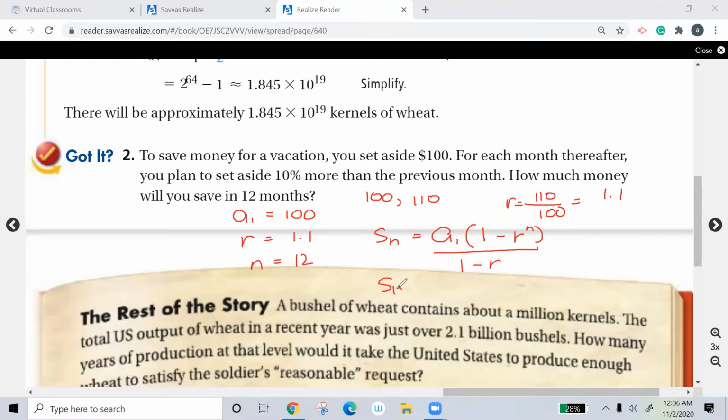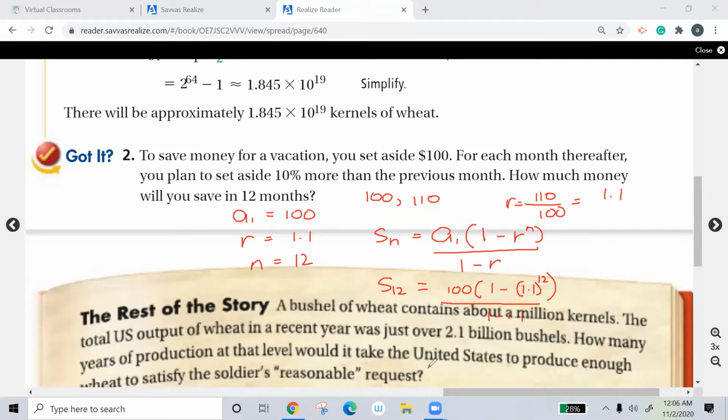S sub 12, or the sum of 12 terms, is equal to, what is a sub 1? a sub 1 is 100 times 1 minus r, which is 1.1, raised to n. Our n is 12. Then simplify. Okay, then we have 1 minus 1.1.